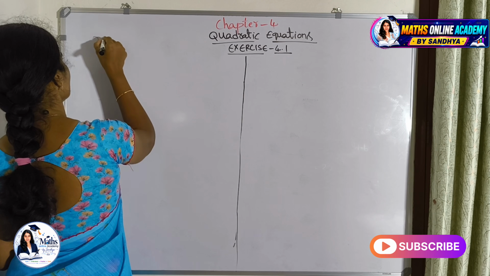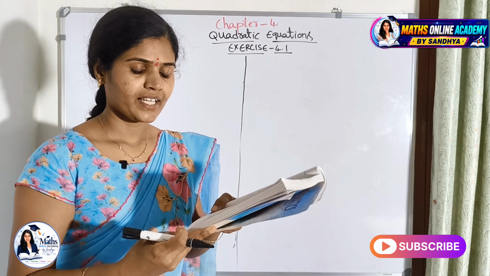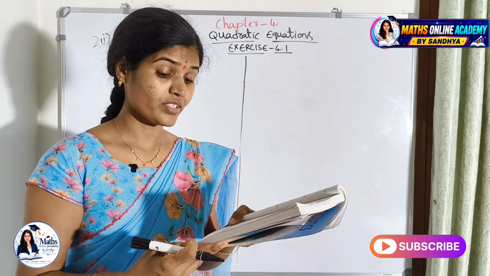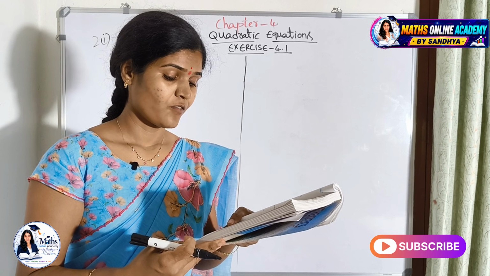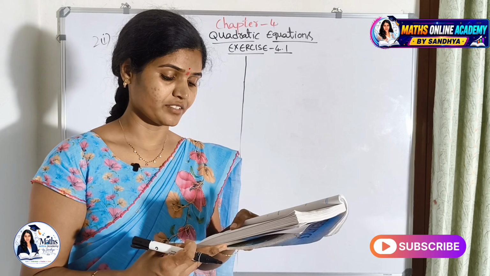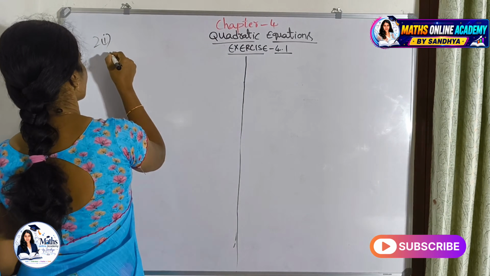So in second question, first one. Okay, let the area of rectangular plot be 528. The length of the plot is 1 more than twice its breadth. So here first we take breadth.